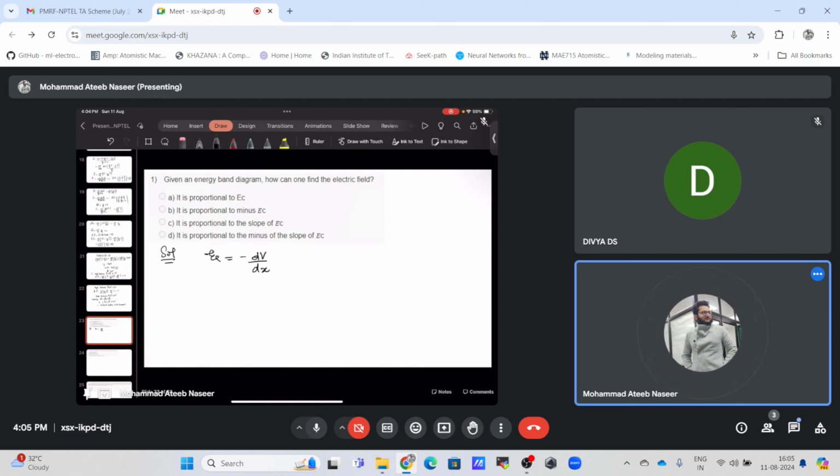Okay, so let me write it like this: energy band diagram represents energy levels of the electrons.